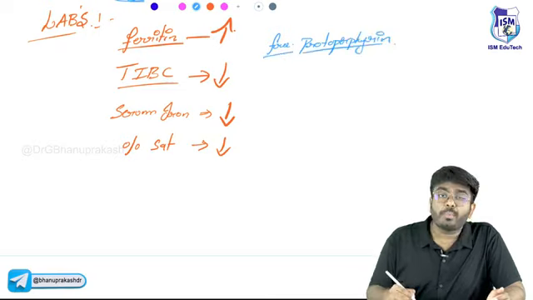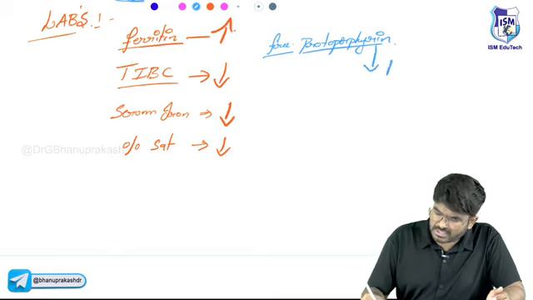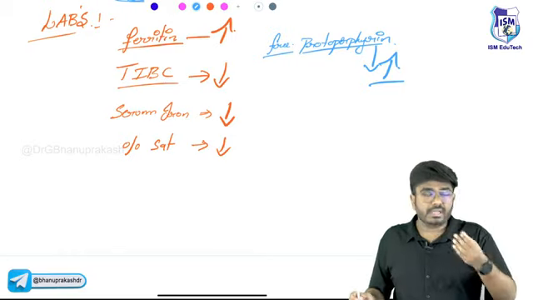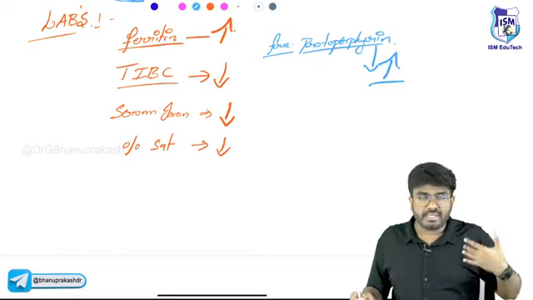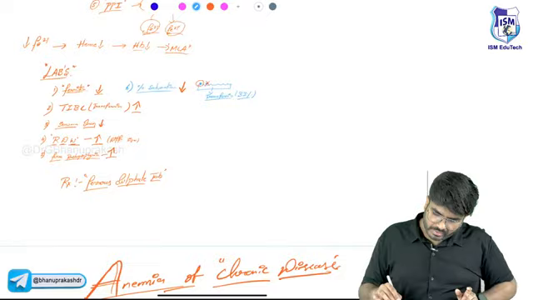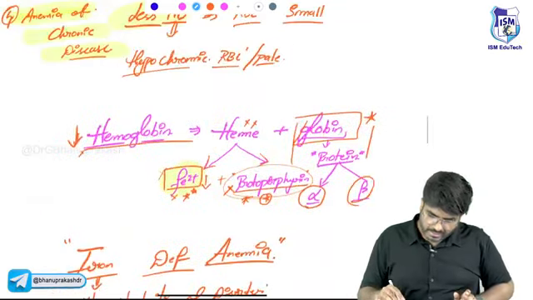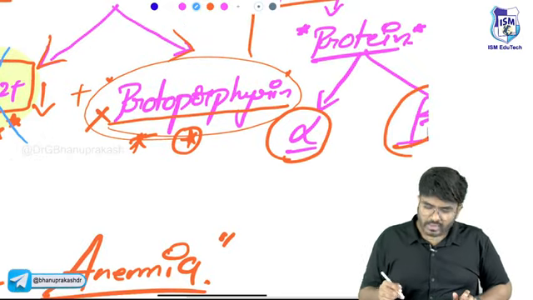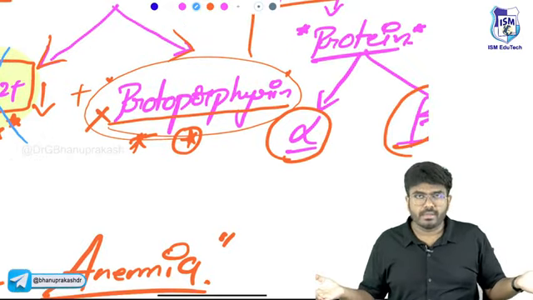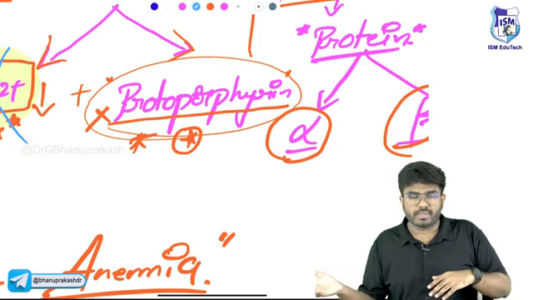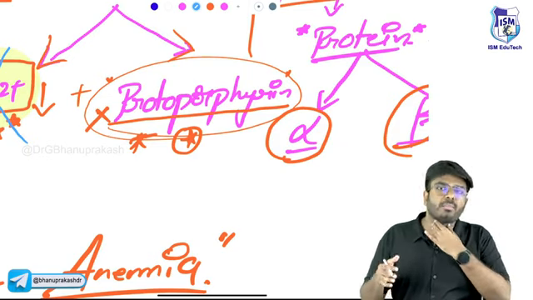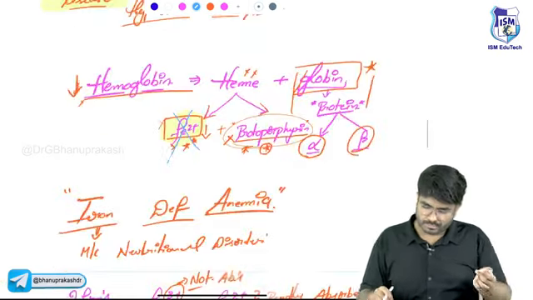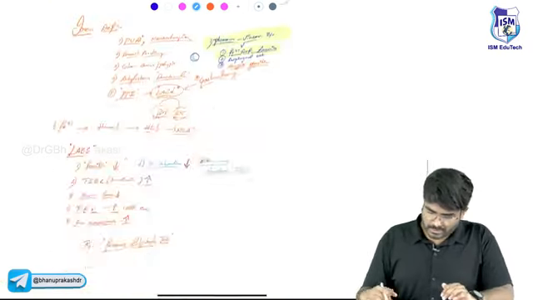In this condition also, iron is not available for hematopoiesis or hemoglobin synthesis. Iron should go and bind with the protoporphyrin. When iron is not there, the protoporphyrin is free. So free protoporphyrin levels within the cells are going to be more.